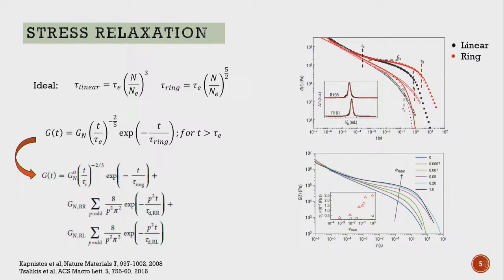In this experiment, they have taken linear and ring polymers, and you can see that although the ring polymers are faster than the linear polymers because they are double folded, this theoretical line, shown by this straight line here, actually predicts a much faster relaxation for these rings. However, in reality they are much slower compared to these theoretical predictions.